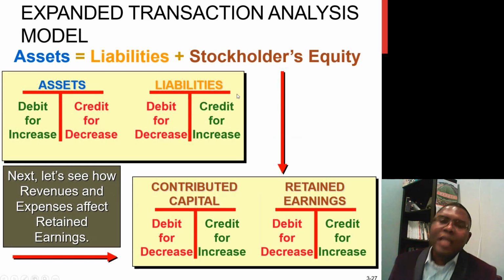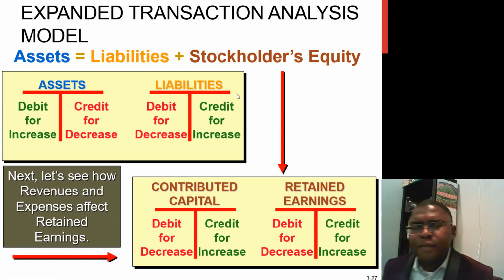So we have actually recognized different accounts, and the broad categories of all these accounts are assets, liabilities, and stockholders' equity. The two types of stockholders' equity are contributed capital and retained earnings. These are the rules that we follow when we journalize transactions.